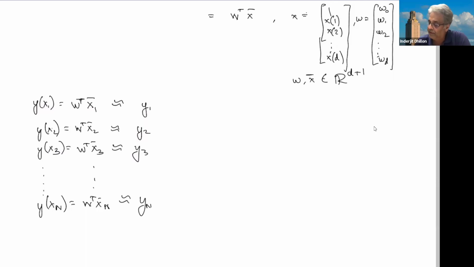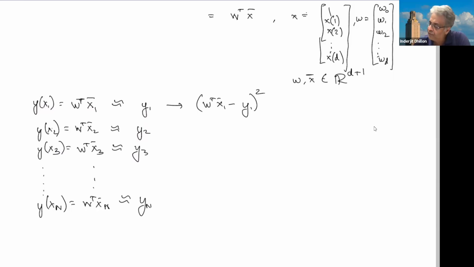Which means if I look at the prediction, my prediction is W transpose x1 bar, right? My actual value is y1. So I need some measure of error between y1 and W transpose x1. The simplest thing to do is to look at the squared error.